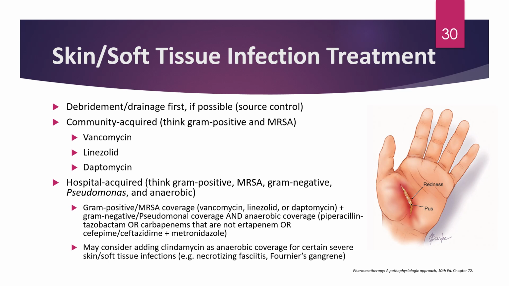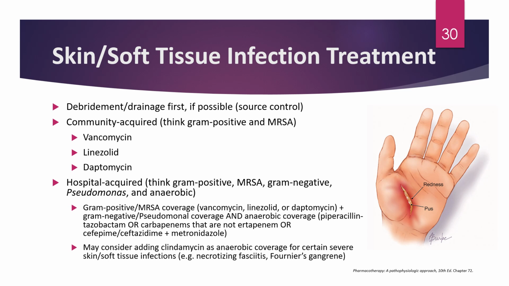Remember, linezolid is bacteriostatic and daptomycin is bactericidal. So if you have to go to a second step, a lot of times clinicians might end up going on the daptomycin end of things versus the linezolid side, especially if that skin soft tissue infection eventually hits the blood and turns into what we call a bacteremia or a blood infection.